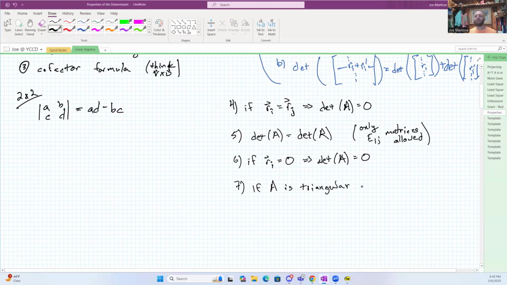And then the determinant of my matrix is the product of the A_ii for i equals 1 to n. This is just a multiply down the diagonal. So this is the product of the diagonal entries.